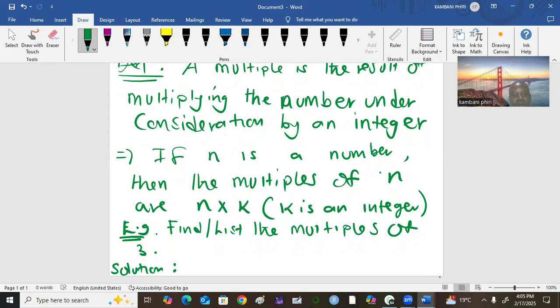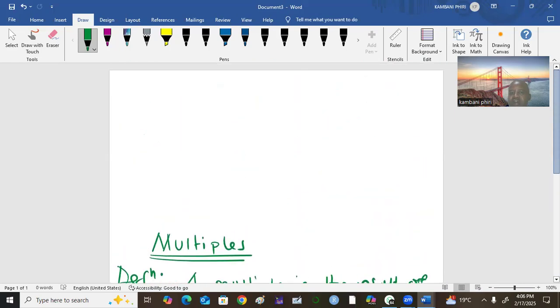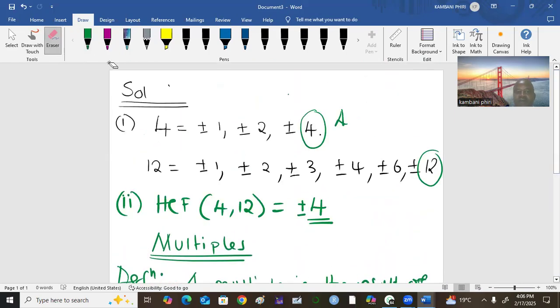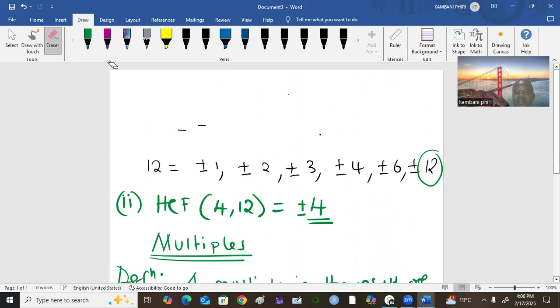So we are going to say 3 by 0 if you want. So you get 0 as your first one. Maybe 3 times 1, you get 3. 3 times 2, you get 6, etc. All these are multiples, all right?